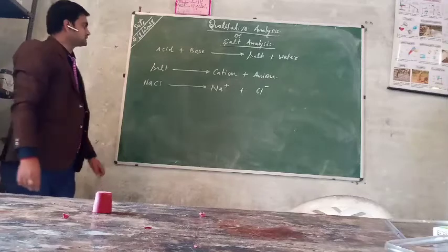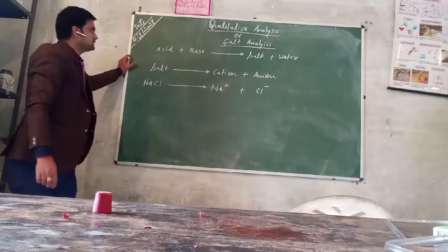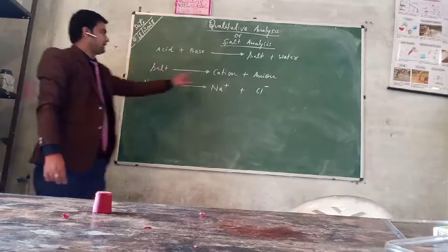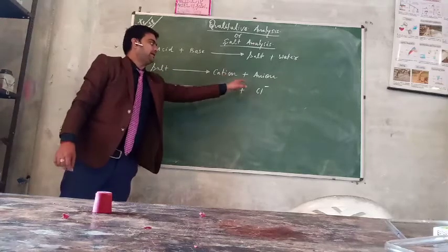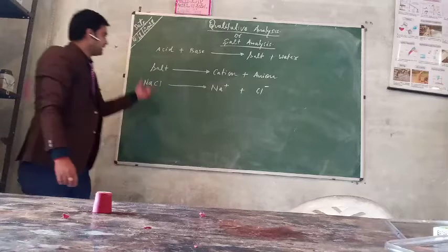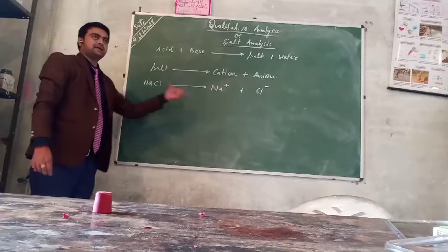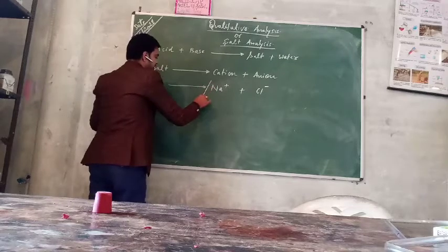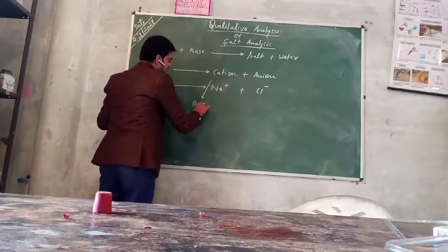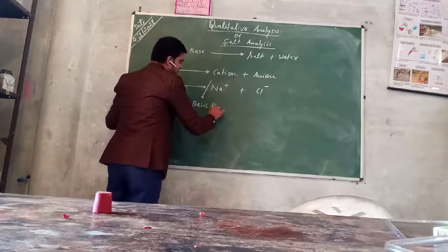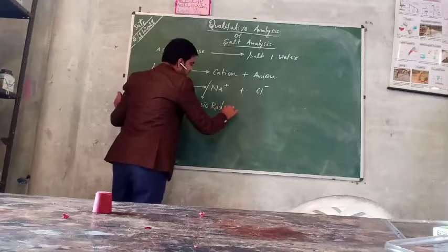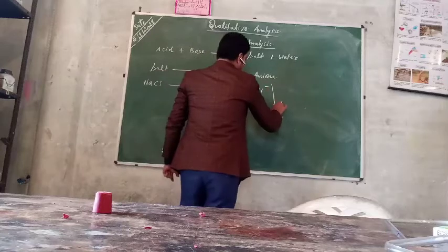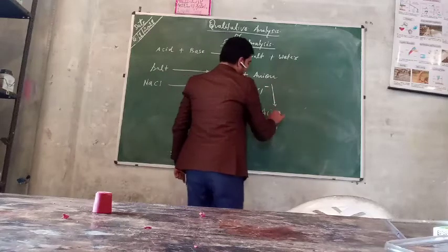That means in salt analysis, you have to find a cation and an anion in the given salt. This cation is known as the basic radical and the anion is known as the acid radical.